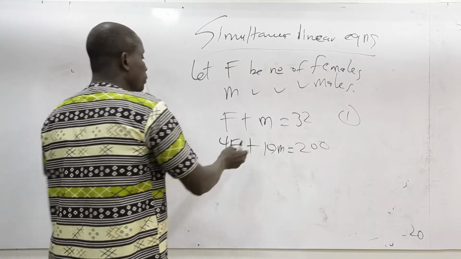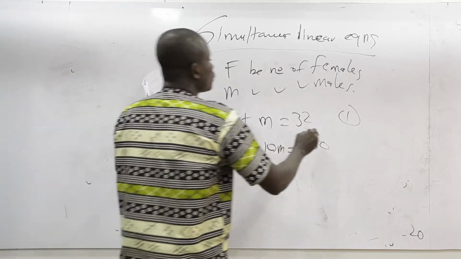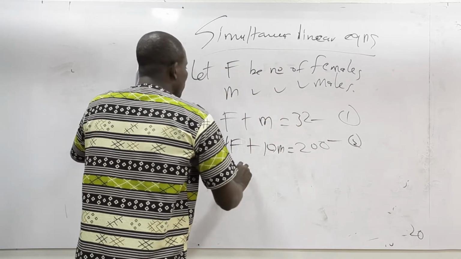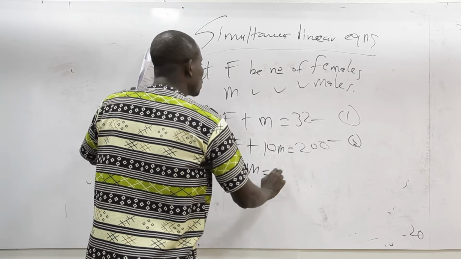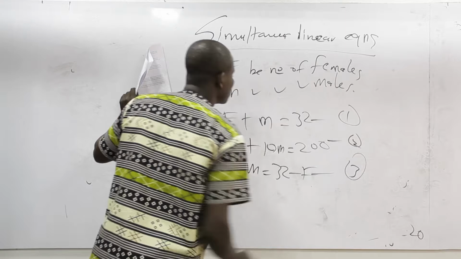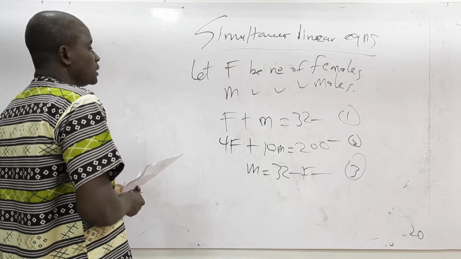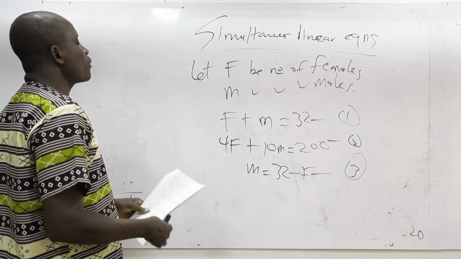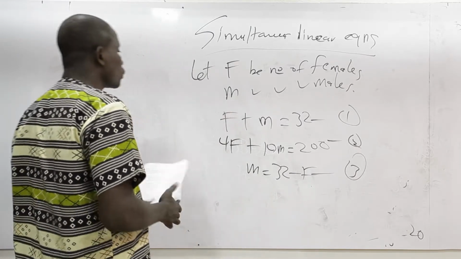So now I've taught you how, and you should be able to solve this problem. This is equation 1, and equation 2. So I can say M is equal to 32 minus F. That will be equation 3. Now let us put it into equation 2. Why are you putting it in equation 2? Because we formed equation 3 from equation 1.